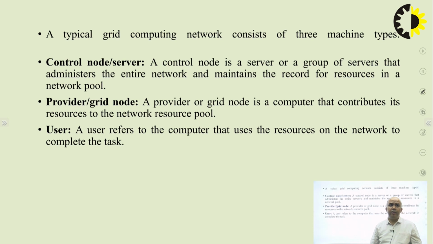The control node is a server or a group of servers that administers the entire network and maintains the records of the resources in the network pools. Another is the provider or grid node. The provider is a computer that contributes its resources to the network's resource pools. And the user refers to the computer that uses the resources on the network to complete the task.